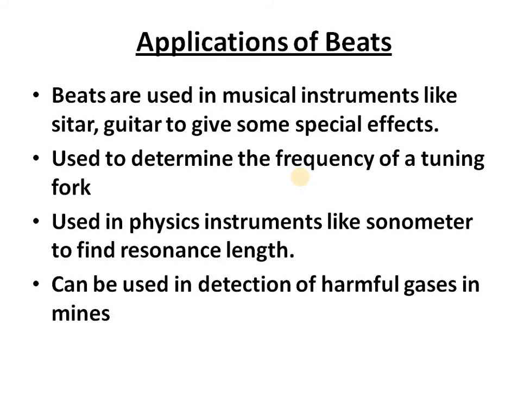It is also used in mines and other tunnels to detect harmful gases, where they use some electromagnetic wave. Beats are formed using the electromagnetic wave, and beat detection can be indirectly used to detect certain harmful gases.